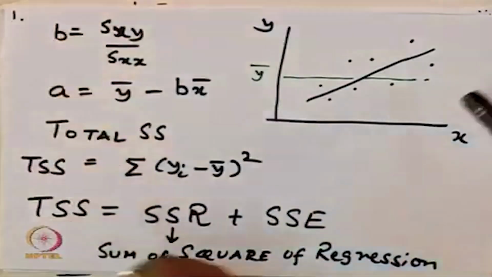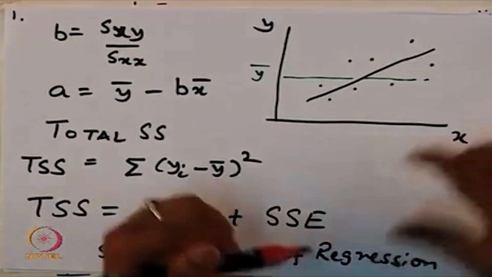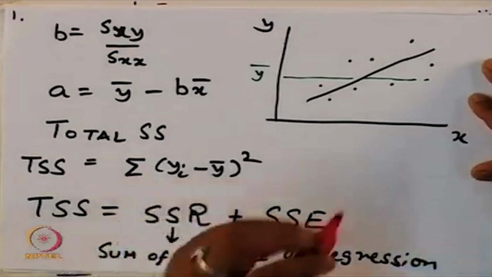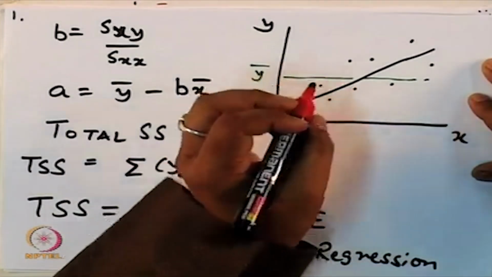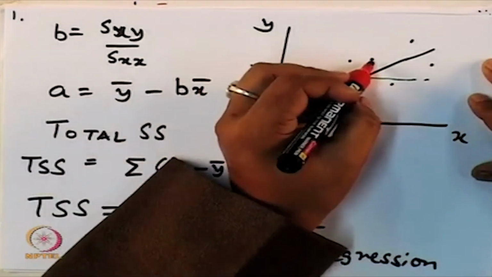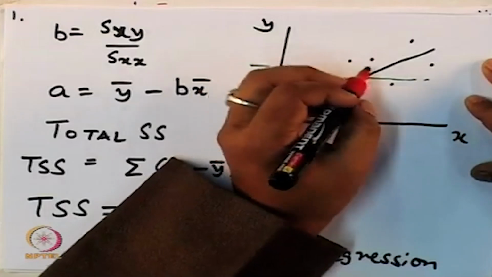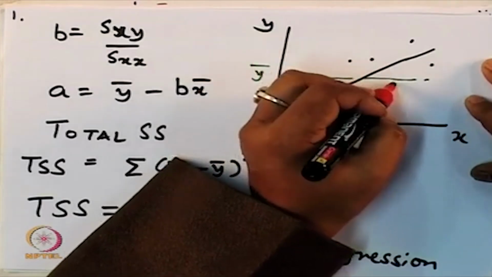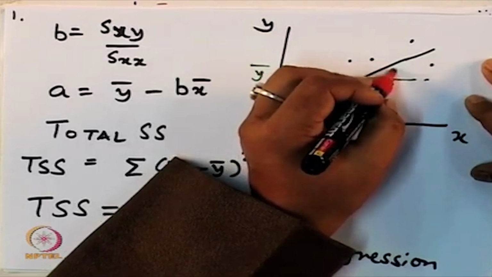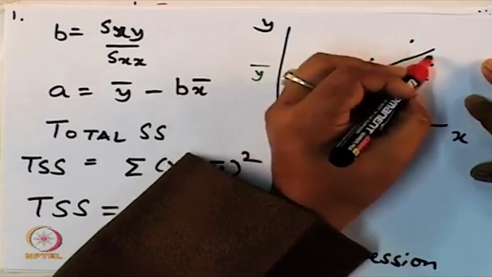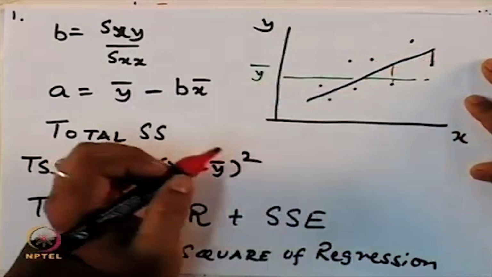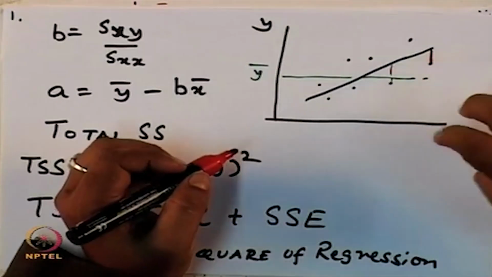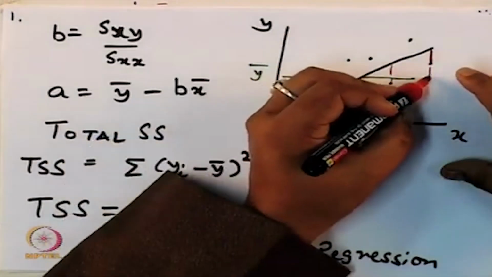So, at each point, which is the sum of squares of regression? The sum of squares of regression is essentially this component. Okay. From this deviation, what is the y term? Okay. This is your sum of squares of regression from this space.